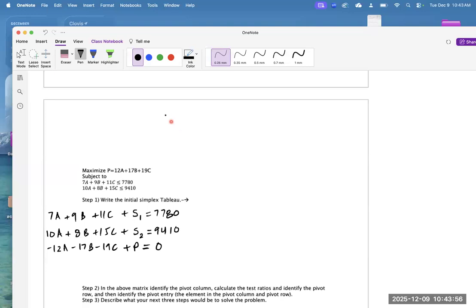Now we're ready to put this into the initial simplex tableau. I'll just write it right here. We have a lot of columns here, so I'm going to try to save our space.